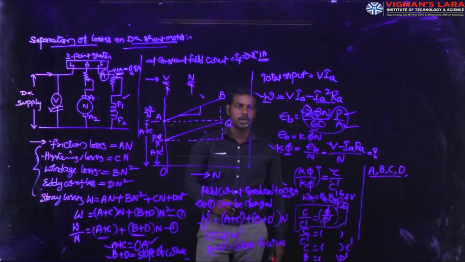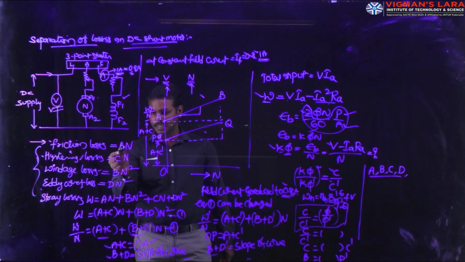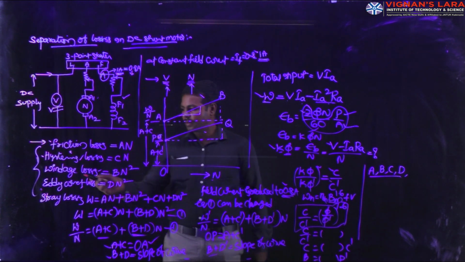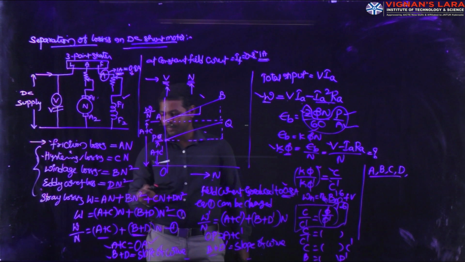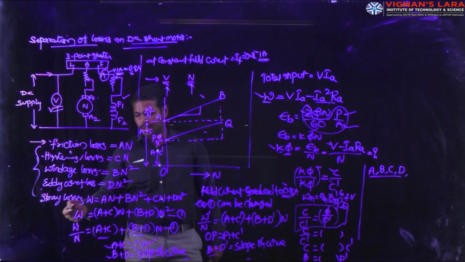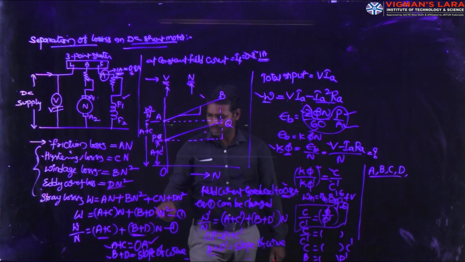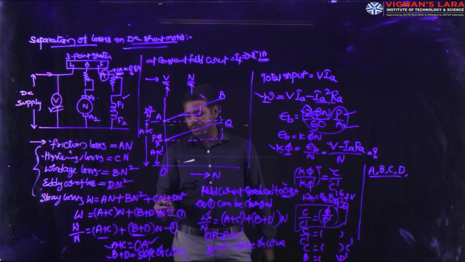Friction loss is equal to A into N, hysteresis loss is equal to C into N, windage loss is B into N square, and eddy current loss is equal to D into N square. Stray or rotational losses are the summation of these four, that is mechanical loss and iron losses: A plus C into N, plus B plus D into N square.